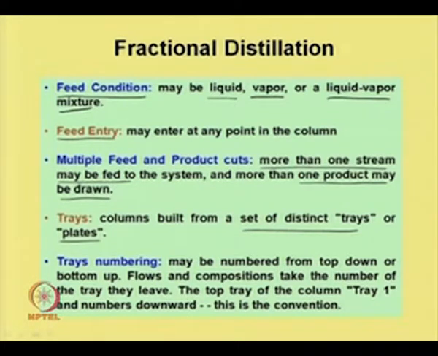This tray numbering we can follow either from the top of the tower going down, or we can number from the bottom of the tower to the top. The top tray of the column is called tray 1 if we number from top to bottom, and then we number downward, and this convention we usually follow.